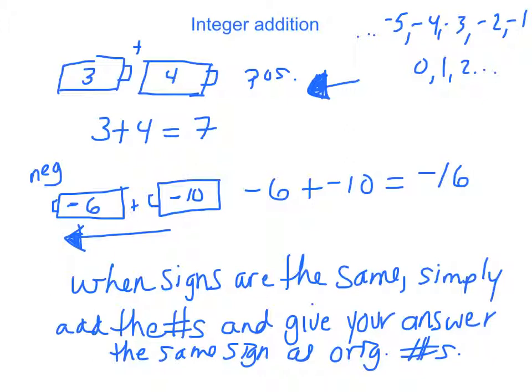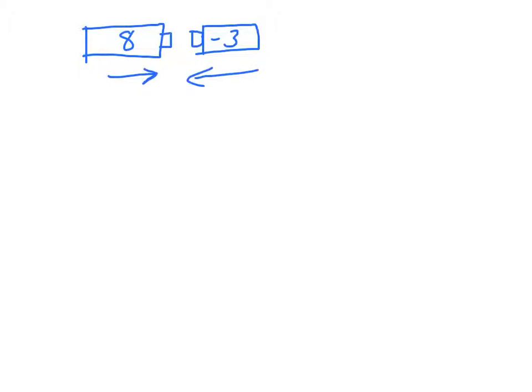Alright, most people get that pretty good. This is the one that people don't like as much. Here we have a battery facing in the positive direction, and we'll say it has a charge of 8. Now we have a battery facing in the opposite direction, and we'll say it's -3. We're sending a current of 8 this way, and a current of 3 this way.